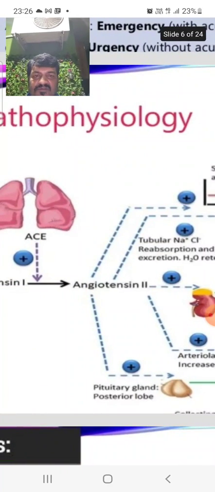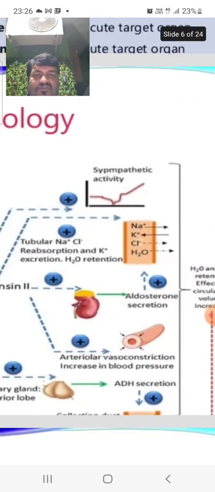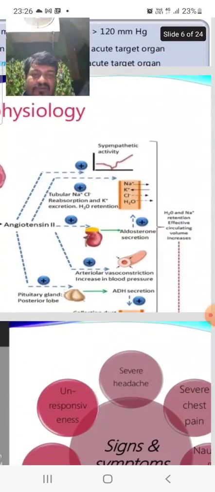It also acts in the pituitary gland, in the posterior lobe, which leads to ADH secretion.